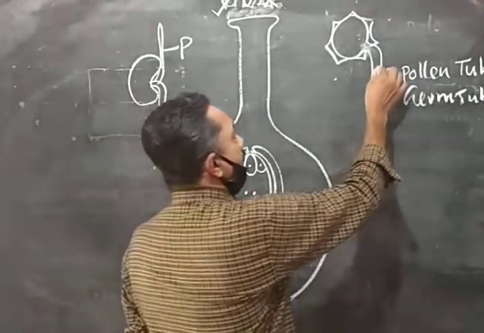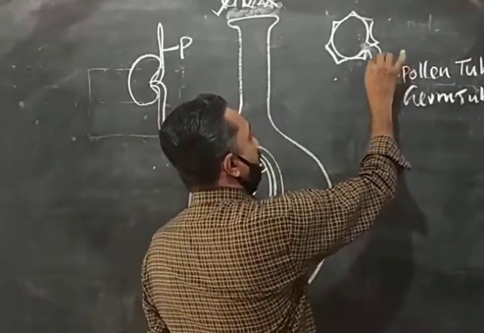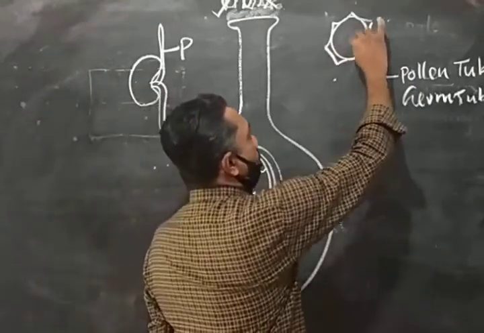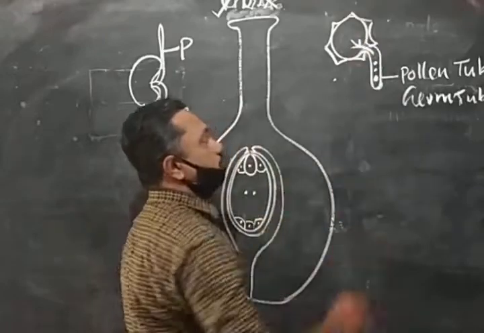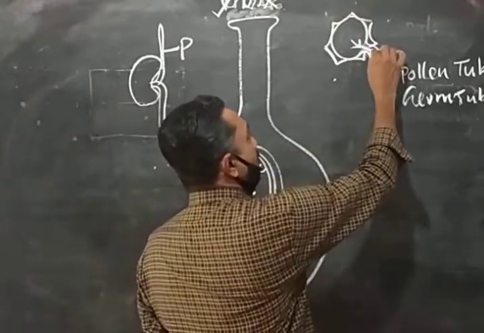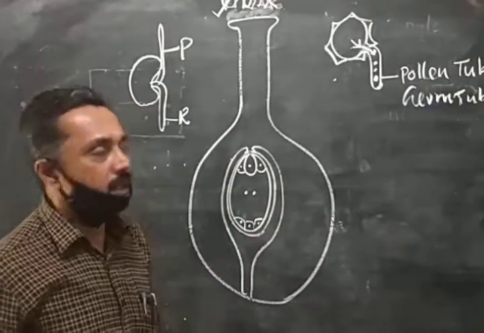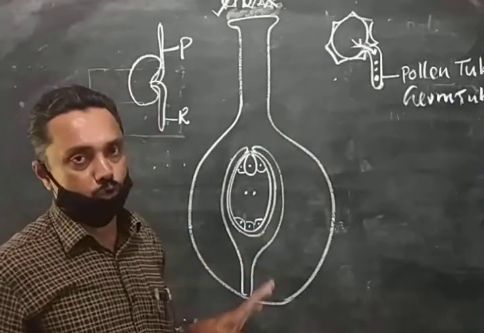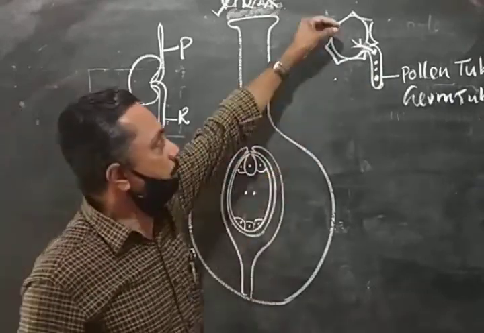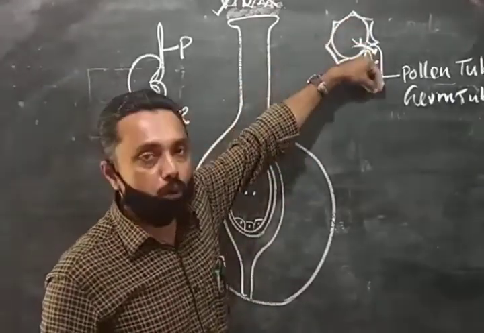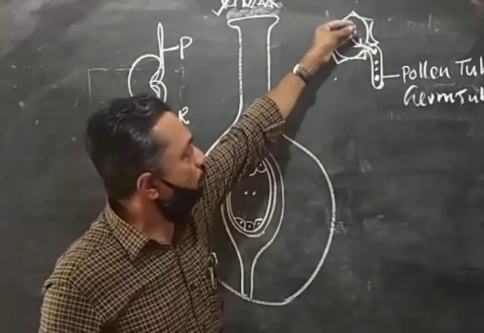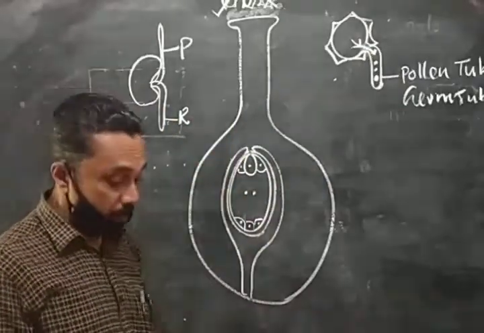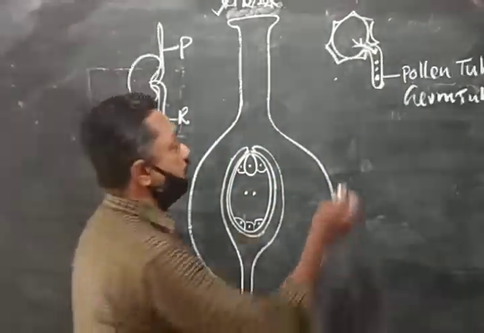Behind that, two male nuclei, not male gametes, enter into the pollen tube, and all the cytoplasm enters into the pollen tube. So nothing is left completely empty. All the contents enter into the pollen tube or germ tube. And the tip of the pollen tube produces enzymes.